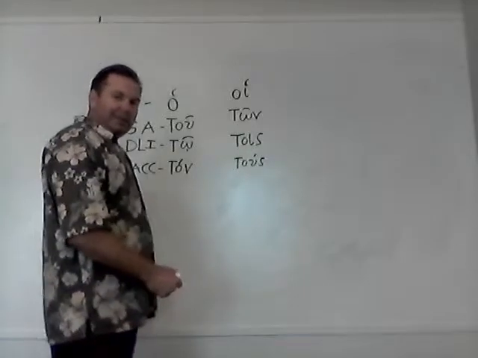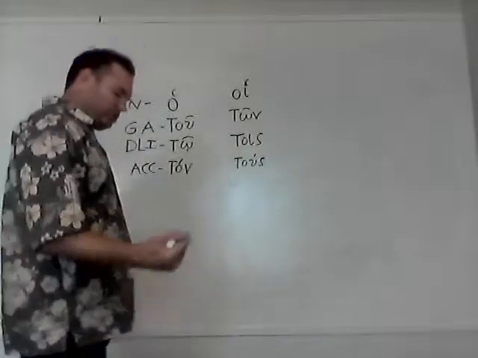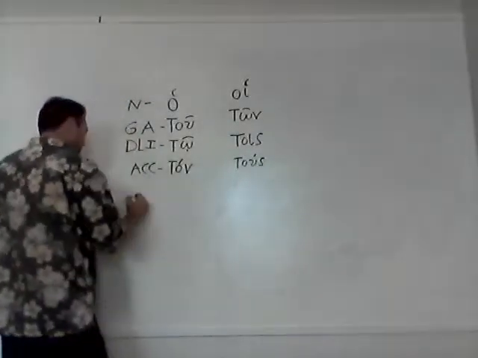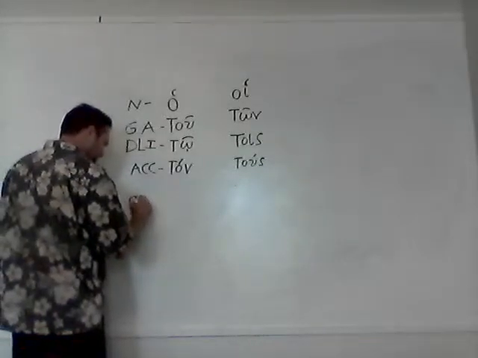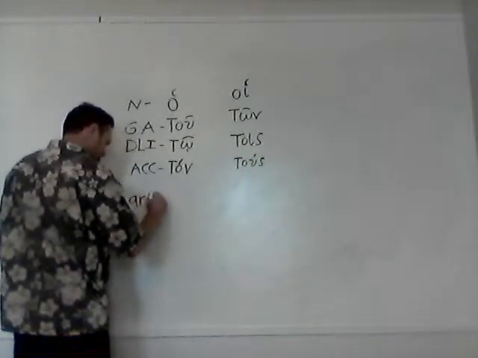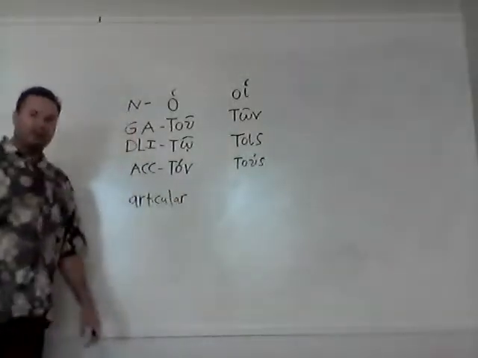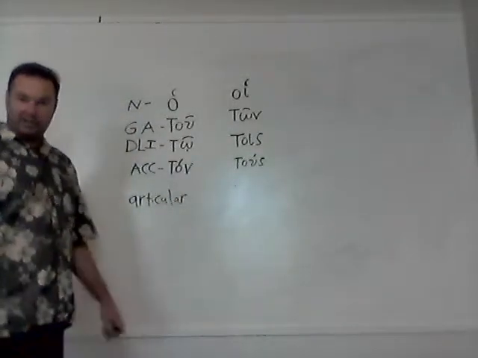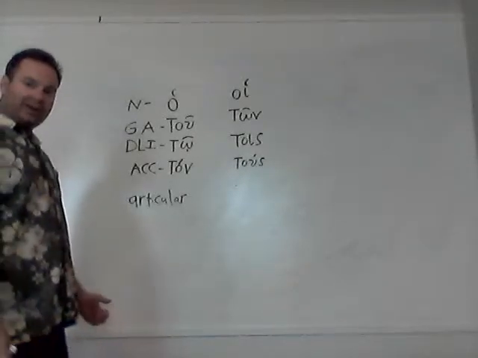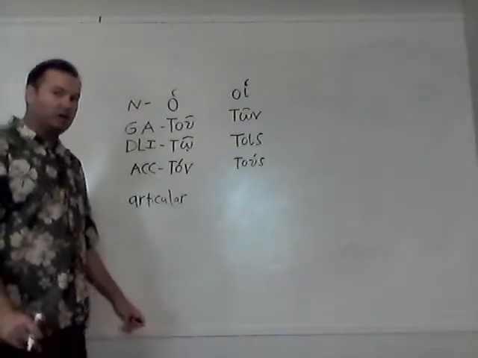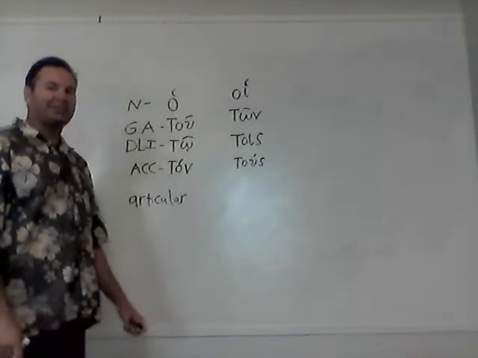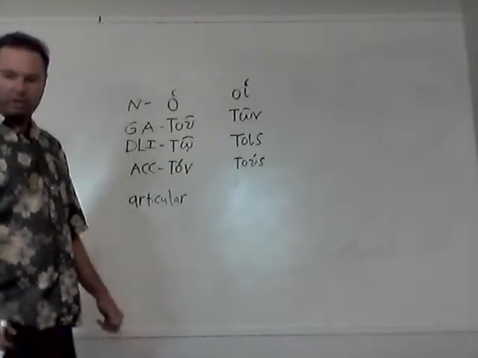All right. In Greek, we have two possibilities. We have what is called an articular noun. An articular noun or adjective is a noun or an adjective that, are you ready for this, has a Greek article with it.